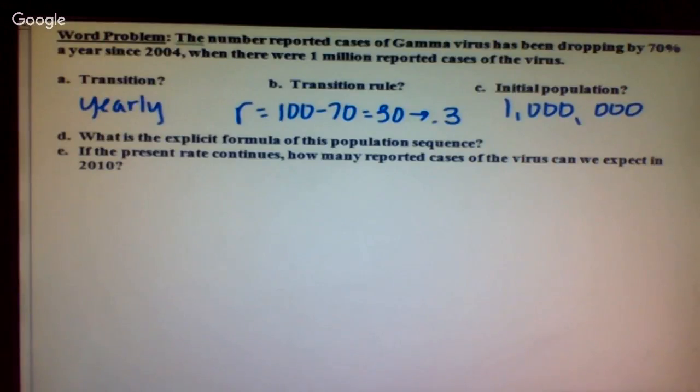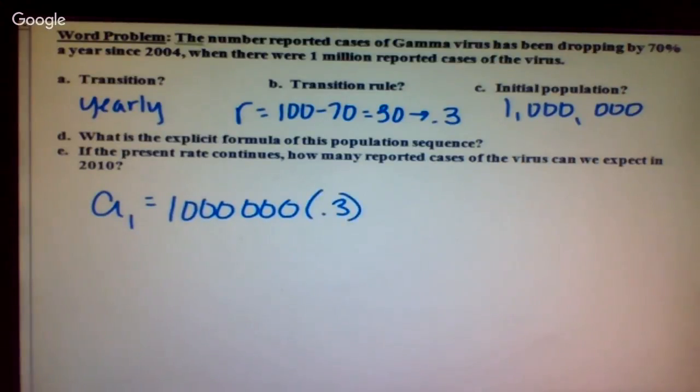When you stick it in the formula, though, you actually have to put all the zeros in. Okay, part D says, what is the explicit formula? So I have R. I need A sub 1. How do I get it? You times a million times 0.3.